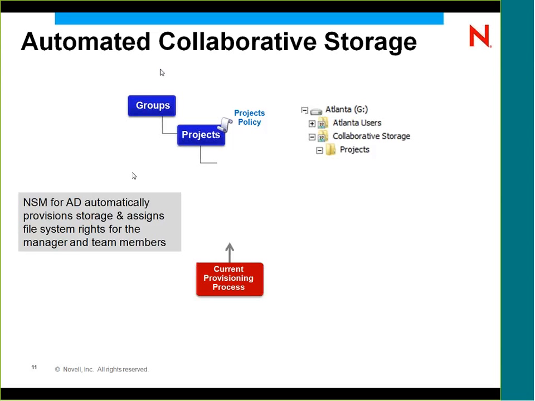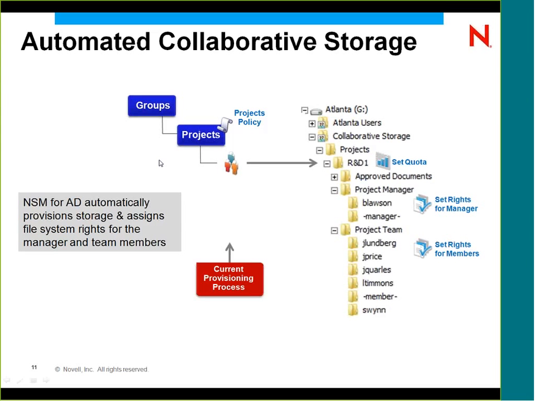In this example, I have a policy on the project container. If I create a group called, let's say, Research and Development, Storage Manager, based on this policy, can set this storage area up. We're monitoring for the manager and owner attributes depending on the platform, and then we add the owner in as the manager to have all rights to manage this area.